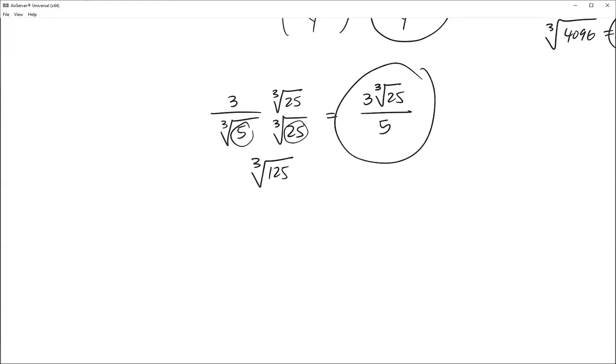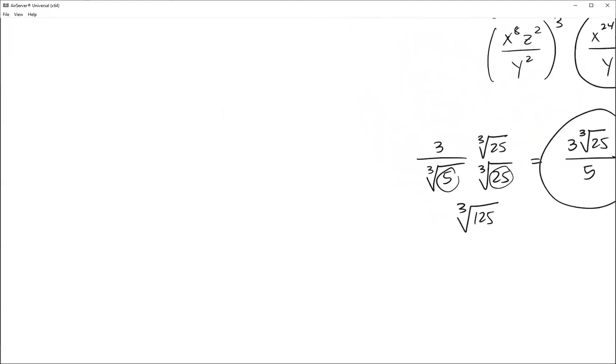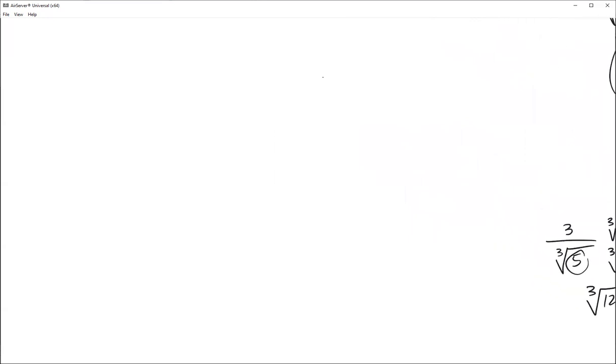Now, letter B, remember to do the conjugate. So it'll be 5 over 7 minus radical 2. Multiply both the top and the bottom by 7 plus radical 2. Remember, this is in parentheses.